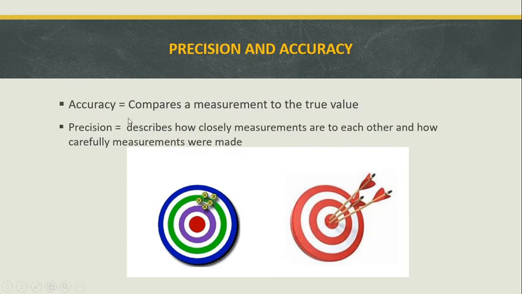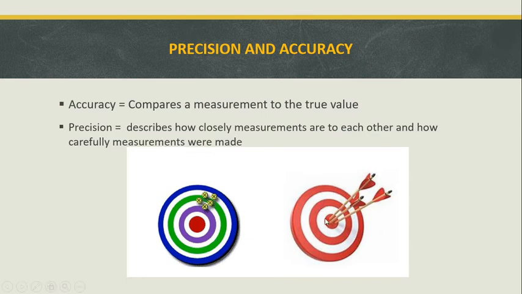Here there are two diagrams. One is an archery board, another one is a dart board. In the archery board there are three arrows centered on the board. Here the main target is the center of the archery board, so the archer should accurately achieve the target.